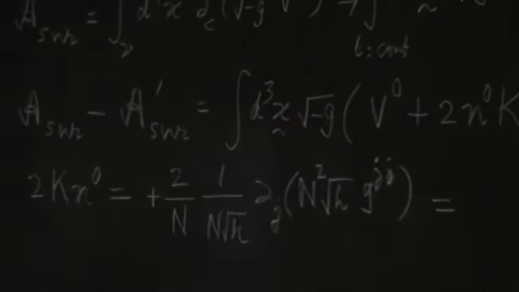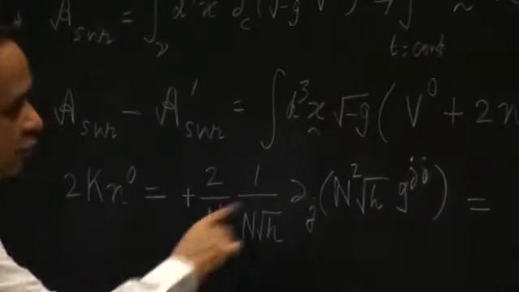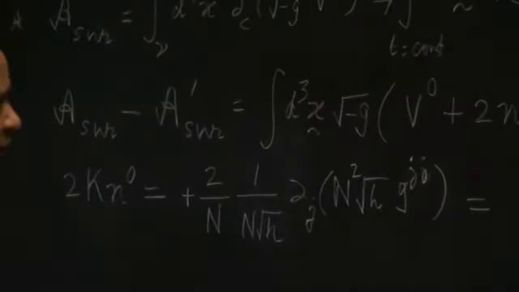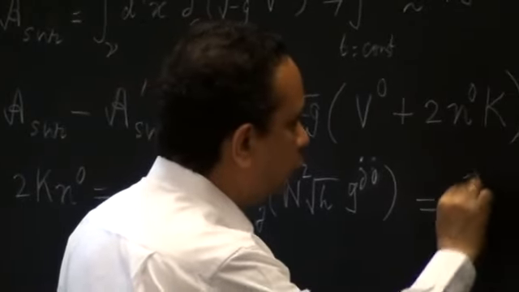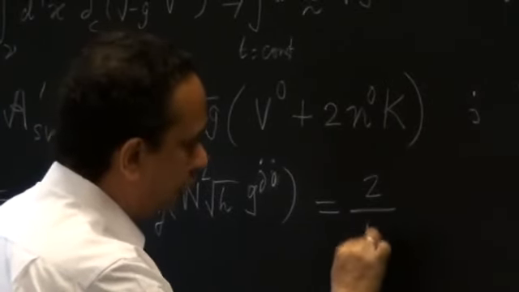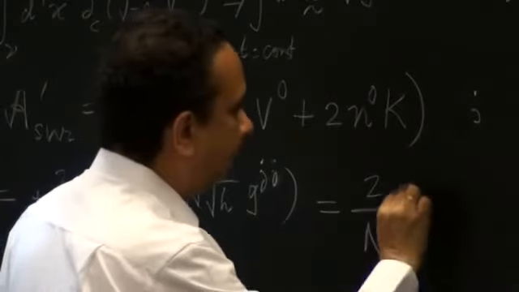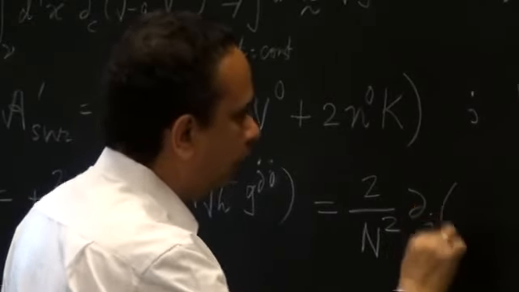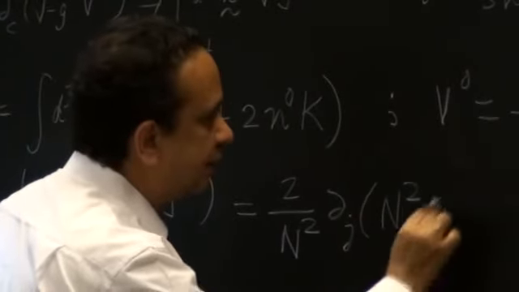This is a better way of writing that. Then I again play the same game with this. So I have an n square here and n square here. The structure is very similar to that. So I will end up getting 2 upon n square, if I eliminate the root h, 2 upon n square dj of n square gj0.